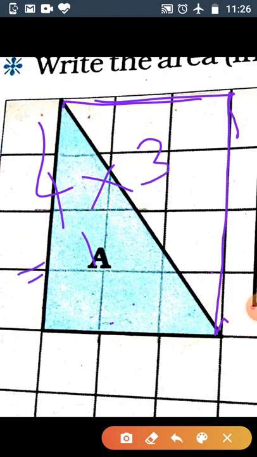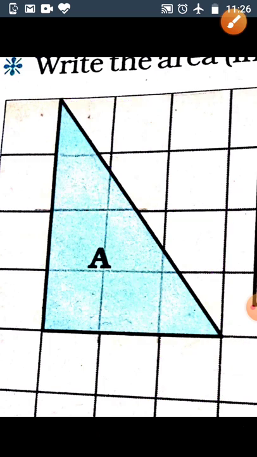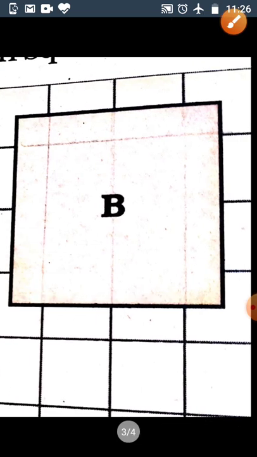So 12 square centimeter is the area of the rectangle. Now divide it by 2, then you will get 6 square centimeter. This will be the area of this triangle. Now let us see one more example.